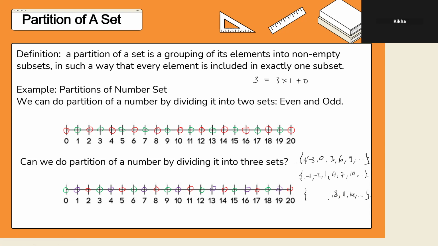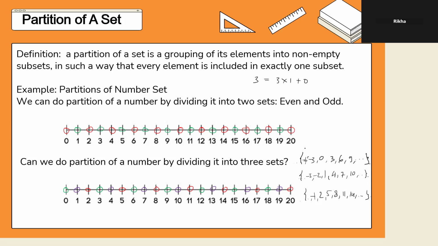Before 8: 5, 2, and then negative 1, -1.